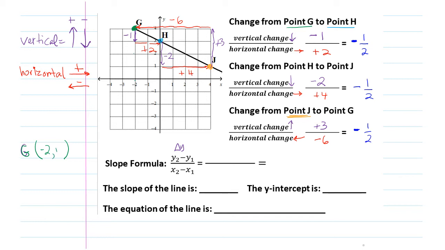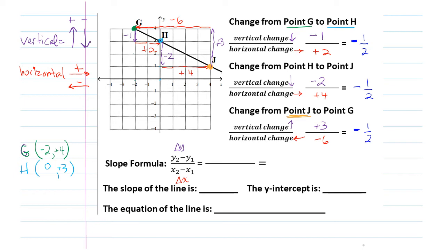Negative 2, positive 4. And point H is 0 and 1, 2, 3. So it's 0, positive 3. Okay? So if I'm looking at my slope here, I need to find the change of y over the change in x. This is y2 minus y1, and this is on the formula chart that you were given.